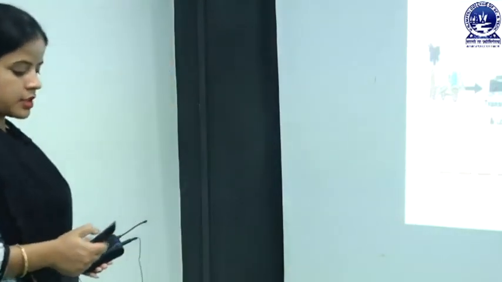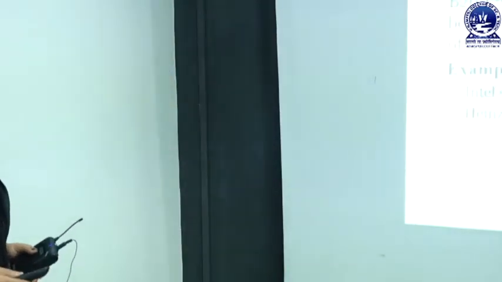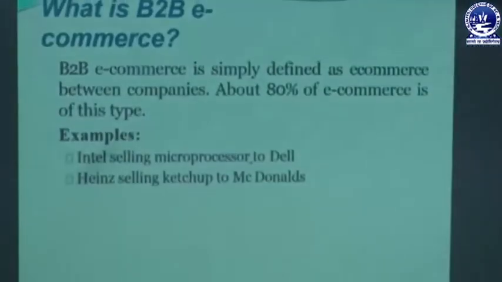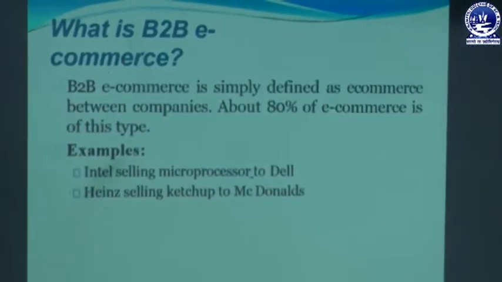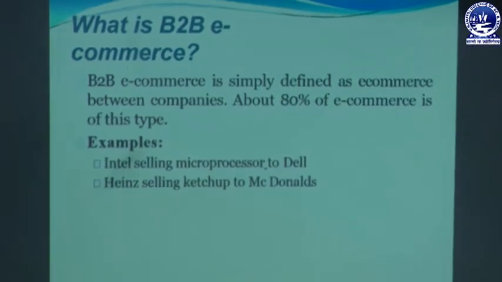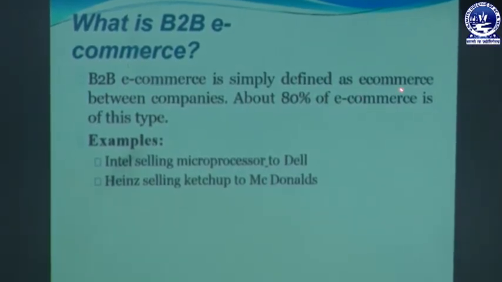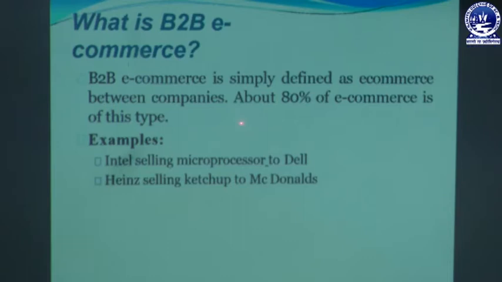Okay. Now let's check the next concept, the main definition of business to business e-commerce. Simply, business to business e-commerce is defined as commerce between companies, between two organizations, between two businesses. About 80% of e-commerce is of this type.